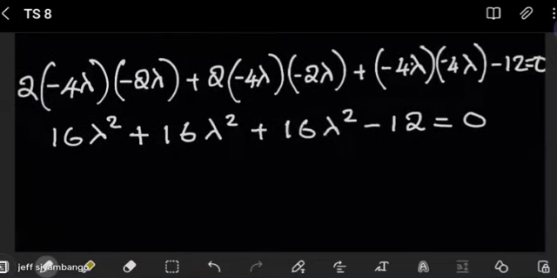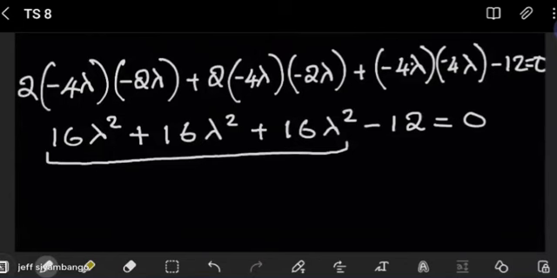We can try to simplify this. These are all lambda squared. Let's take the 12 to the right side. We end up with 16, 16 added 3 times. So 16 and 16 is 32, and 32 more gives 48.